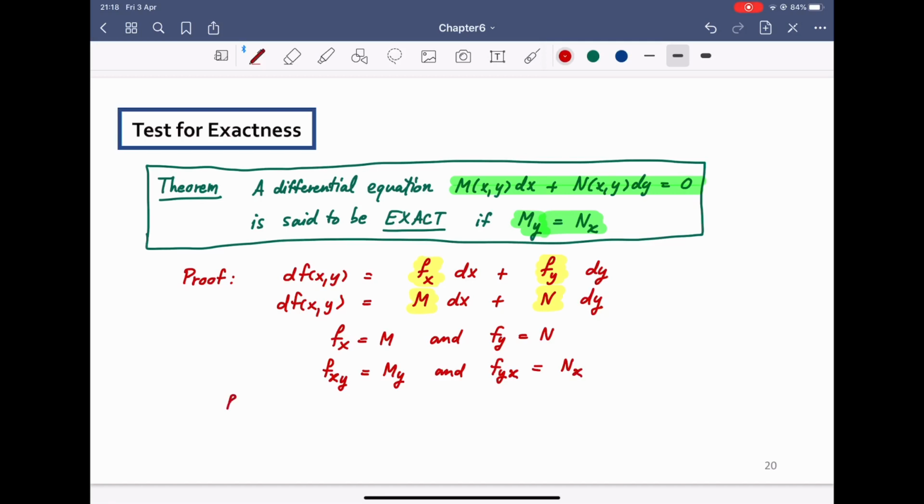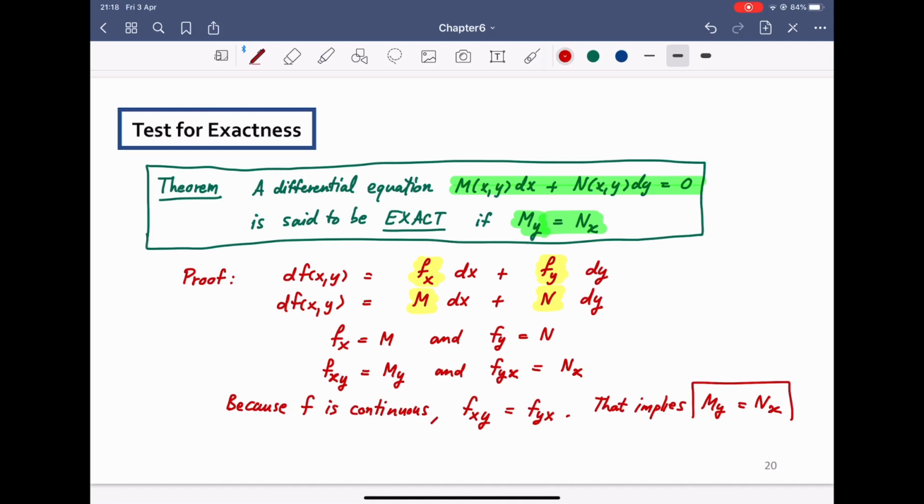Well, because the function f is continuous, we have f sub xy equal to f sub yx. That implies M subscript y equal to N subscript x. So this is the idea of how we prove this theorem.